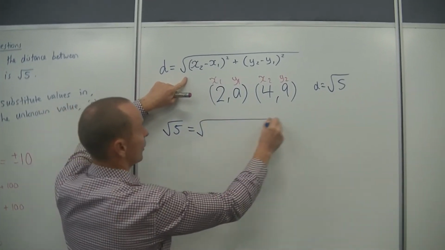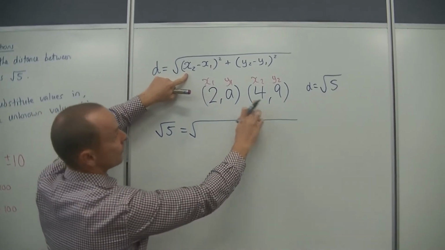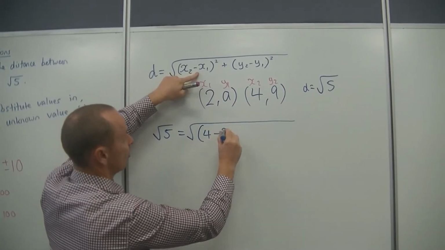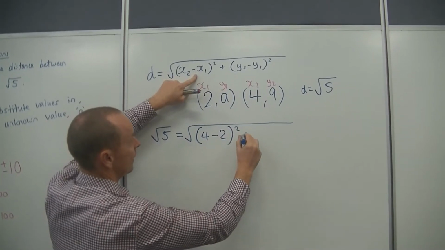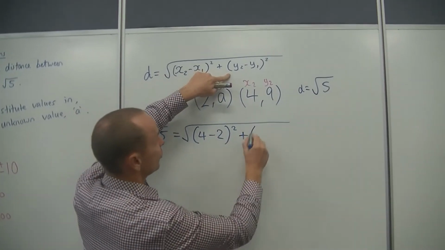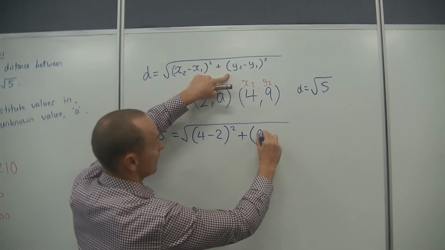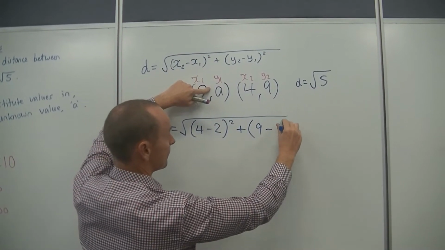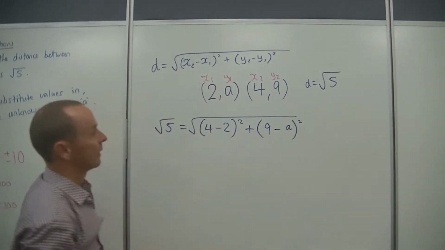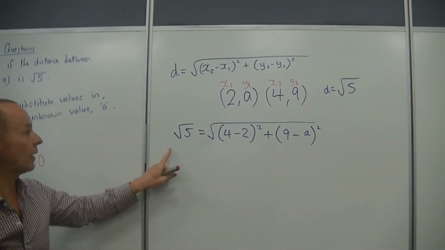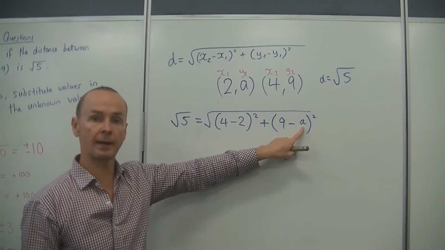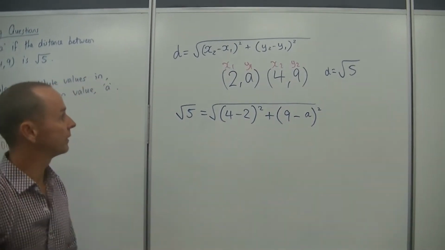Okay, square root. x2 is 4 minus x1, which is 2, that's all squared, plus y2, what's y2? It's 9, minus y1, which is A, that's all squared. And if you have a look at our formula now, our equation, we've got everything there except for the unknown, which is A. So now we can solve it.